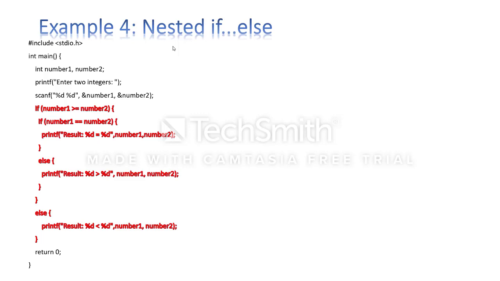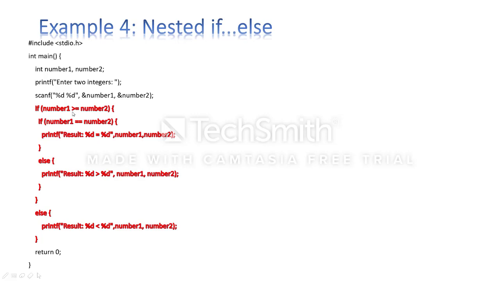Same like that here, I am taking two numbers, scanf percentage d. Now I am entering the two numbers. Already we have discussed what percentage d is in our previous classes. Here I am checking two conditions: if number 1 is greater than or equal to number 2, and if number 1 is equal to number 2.